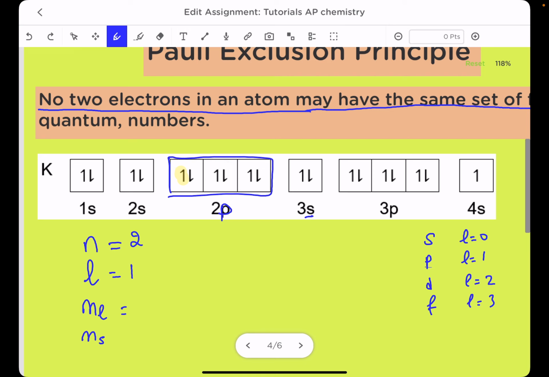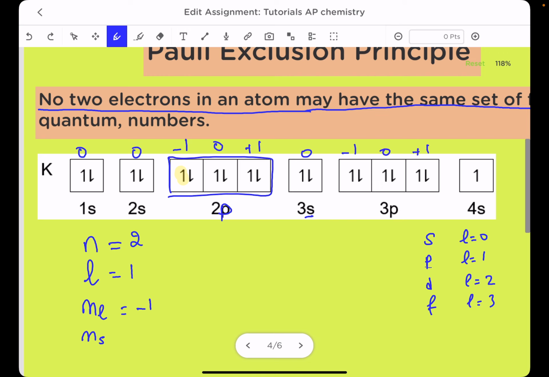Where exactly is this highlighted electron? It's in the first ml, or you may call it px, or -1, because this one is -1, this is 0, and this is +1. For s, the ml is simply 0. For p, we have 3 orbitals, so ml is -1, 0, and +1.